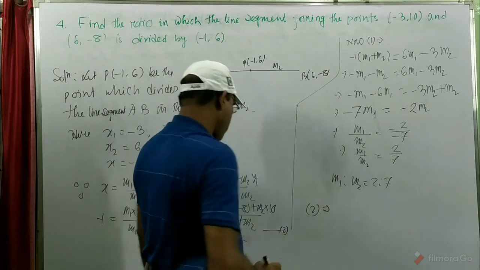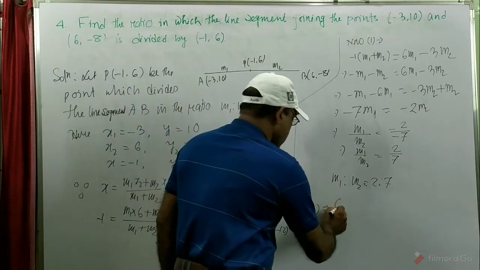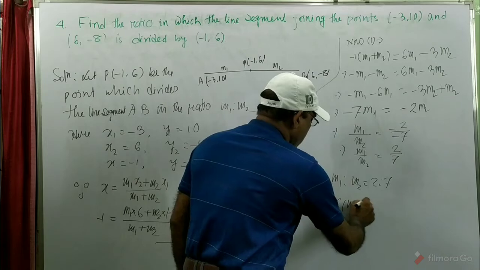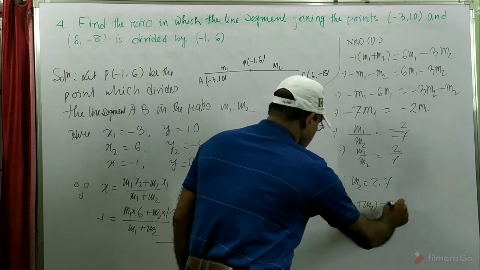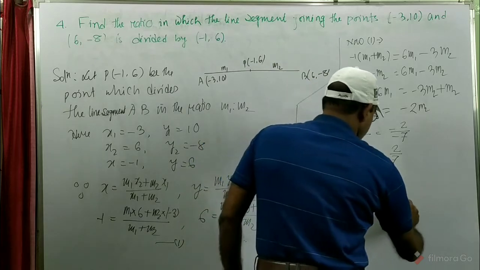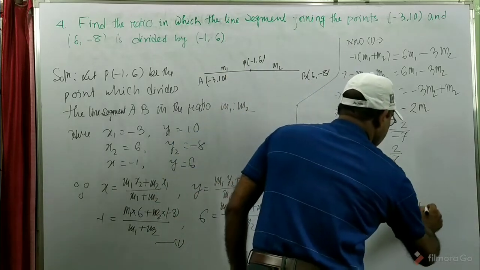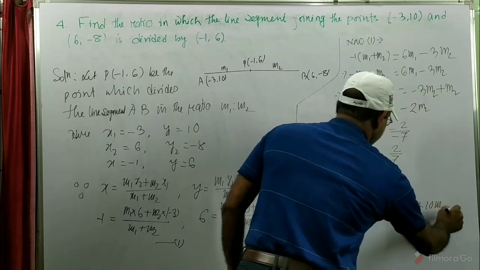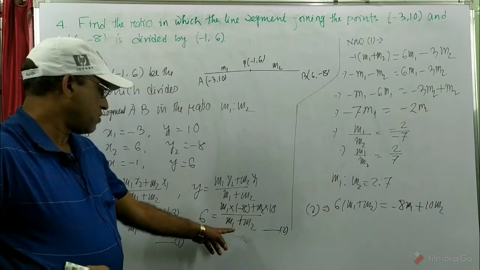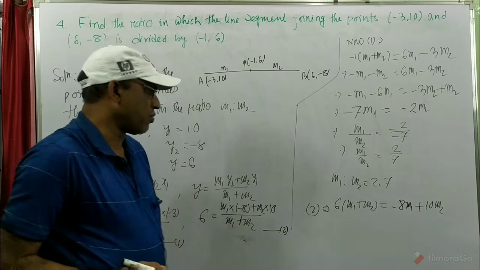In 2 we multiply on the left hand side: 6 (m1 plus m2) equal to -8m1 plus 10m2.